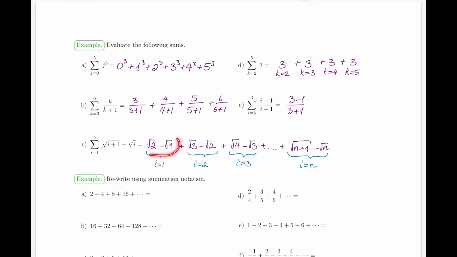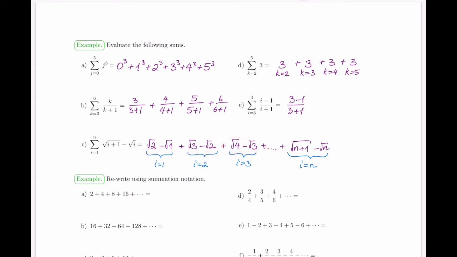Now, the reason I wrote out this sum this way is because now I can actually spot the pattern not within each of the terms themselves, but in their totality. So look, here I have root 2, and here I have negative root 2. Here I have root 3, and here I have negative root 3. And by the way that the sum is going, I know that the next term here will have a negative root 4.